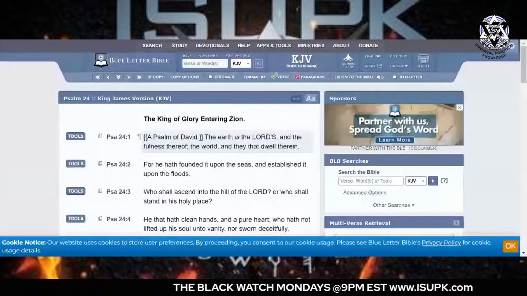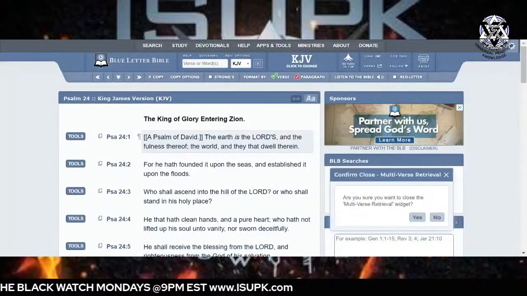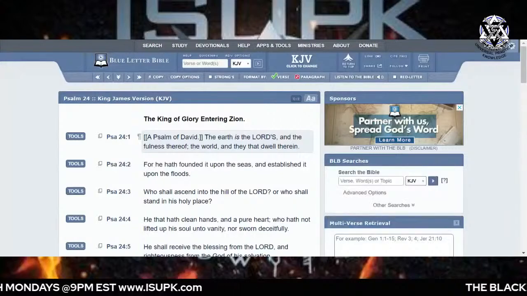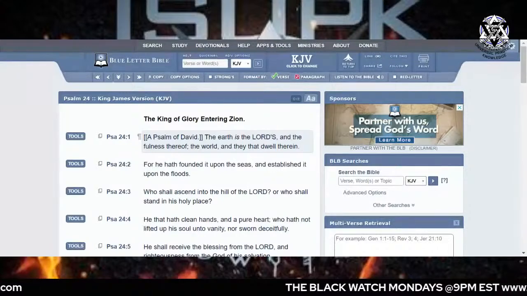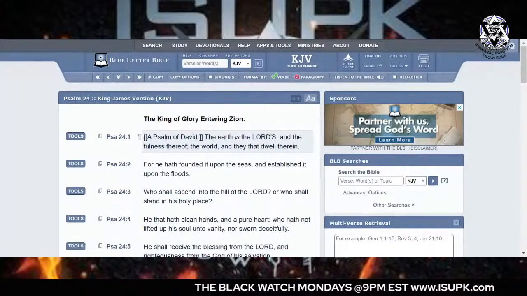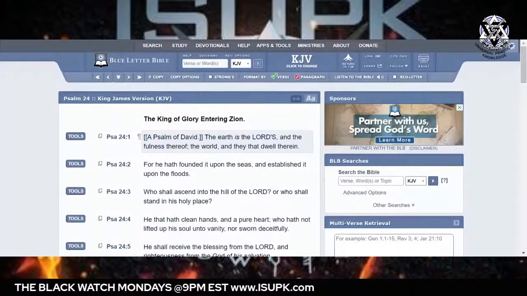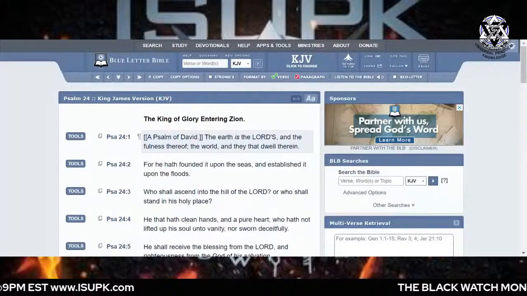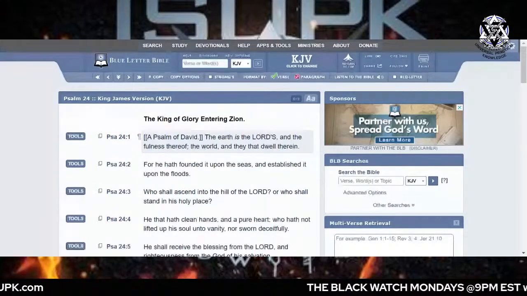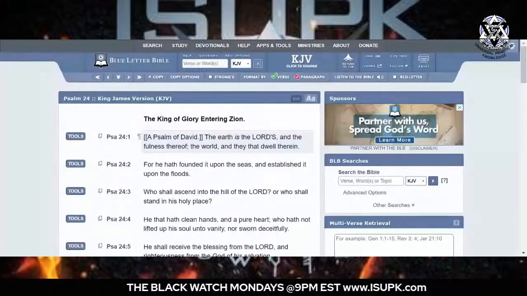So this is simply a precept or a scripture getting straight to the point to show that the earth is the Most High's. And we should all understand it because He is the one that created the earth. So the things that He has created are His. Just like, for example, we are the Most High's children.